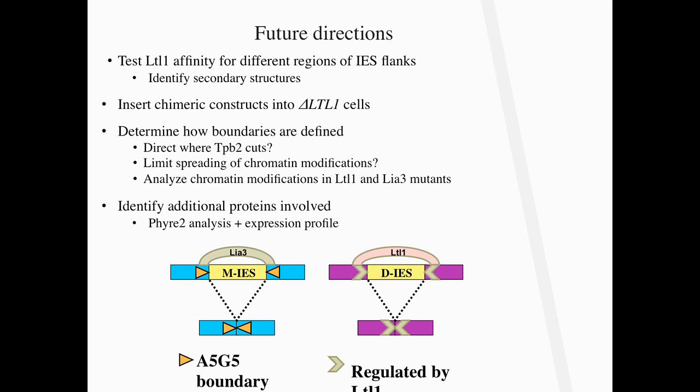Bob? Hi, Doug. I don't know how to phrase this question, but it seems like this involvement of special proteins for only a very small subset of the IESs kind of abrogates the whole beauty of the scan RNA model, which is kind of a universal model for how IESs are recognized and excised.